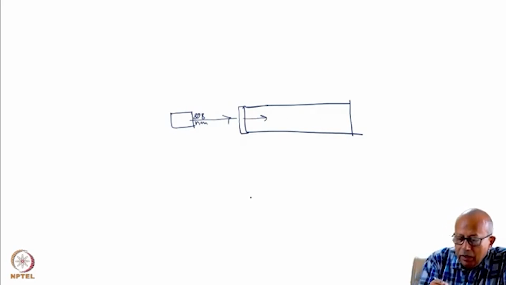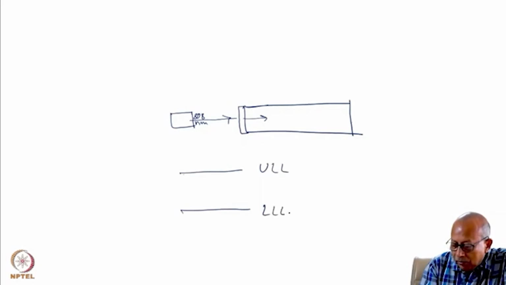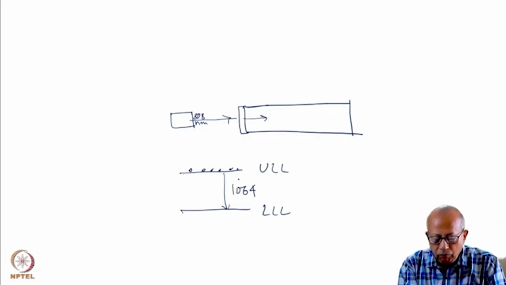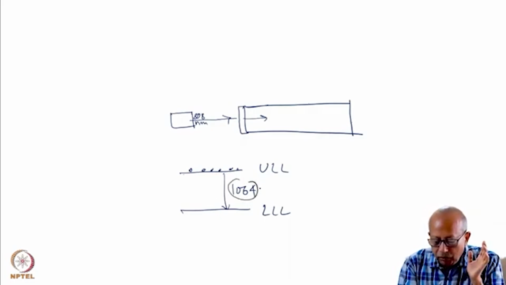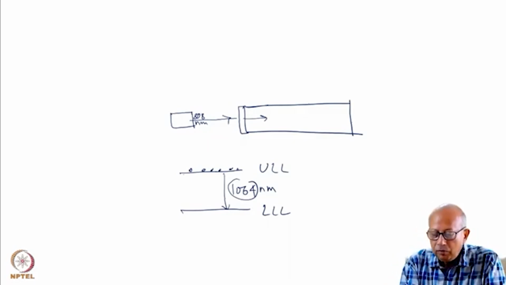That means you have created population inversion between the upper laser level and the lower laser level, and the spacing between these levels corresponds to 1064 nanometer in wavelength. So you have created gain here.